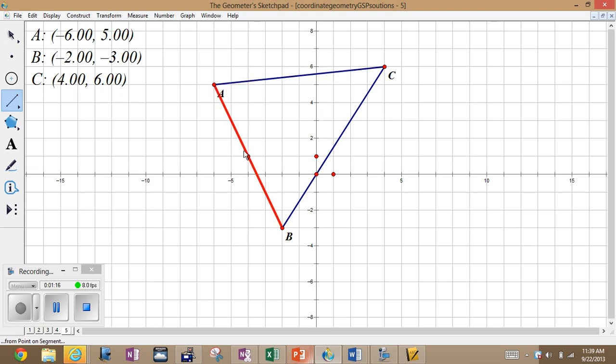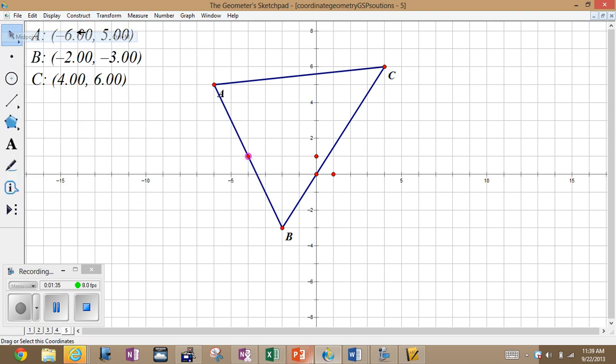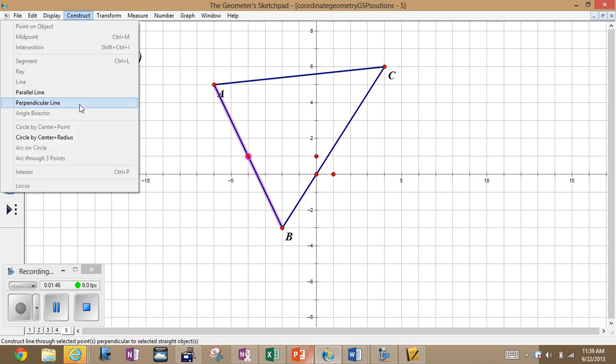So we can't construct a circle because we don't know where its center will be. So geometry taught us that if we were to find the perpendicular bisector of 2 sides, that is to take one side, find its midpoint, and then construct the perpendicular bisector.